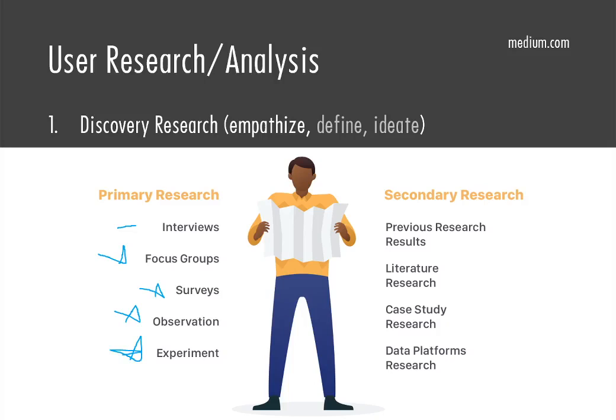By secondary research, we mean using already existing research that somebody has already done. You can read professional or professional-looking research papers online or offline related to your work. You can read literature books for more ideas, I guess. You can do case study research on similar existing projects, and data platform and platform research.